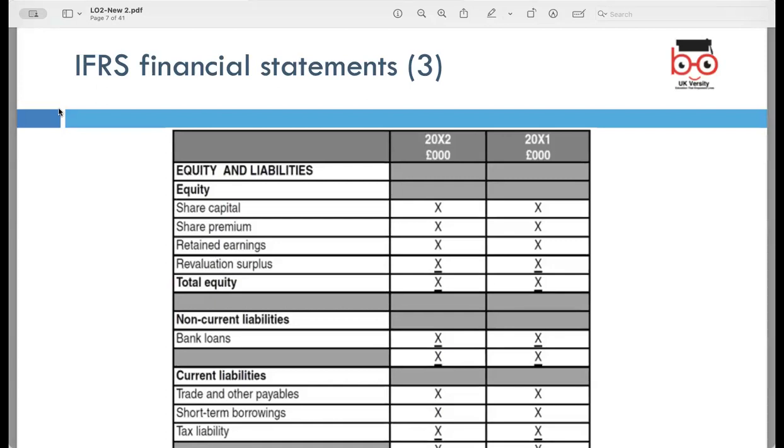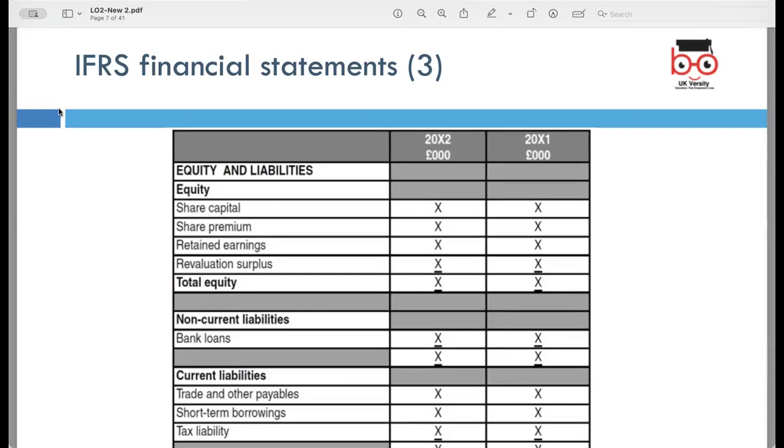Current liabilities are short-term obligations like trade payables, amounts owed to suppliers, and tax liabilities that are due within 1 year.